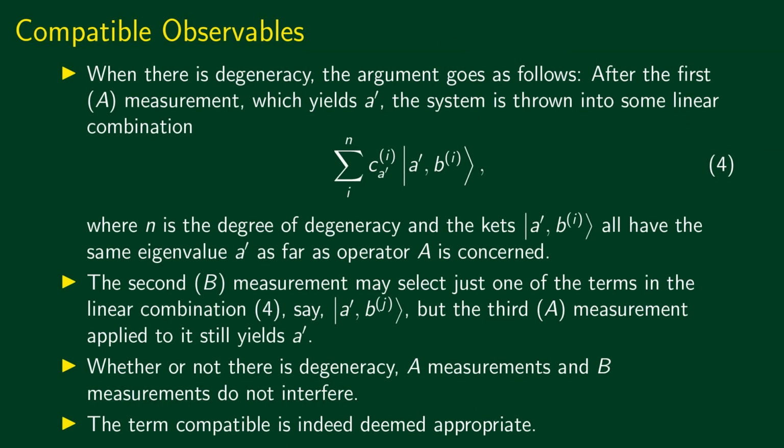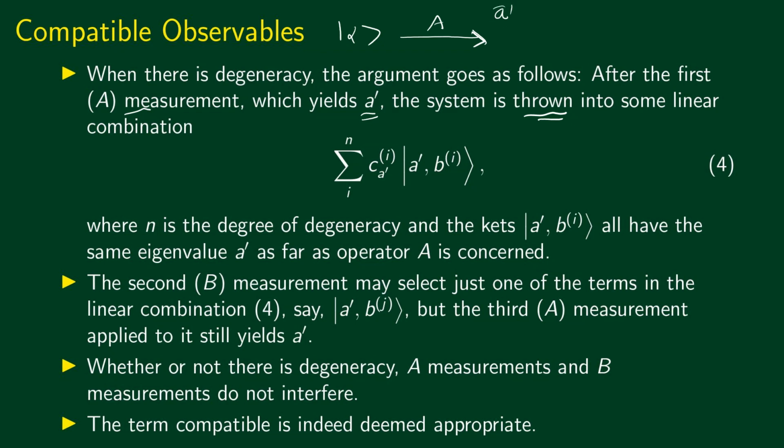Now, when there is degeneracy, the argument is a little bit more involved, but it's easy to understand. After the first A measurement, which yields A prime, the system is thrown into some linear combination. I'm taking a state represented by ket alpha, and I'm making a measurement of observable A. We know that if we get an eigenvalue A prime, the state after the measurement is an eigenket corresponding to this eigenvalue.